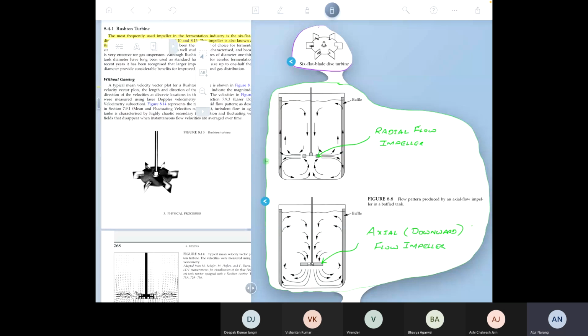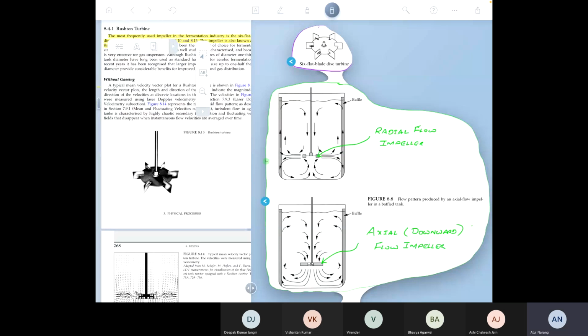Once this liquid hits the boundary of the reactor, part of it starts to move upward, goes all the way up, and then is recycled back to the impeller. And another part of the stream that hits the boundary of the reactor comes downward and then recycles back to the impeller. So every time, little packets of liquid come to the impeller where they receive a lot of momentum and then they are pushed and then they do this macro circulation pattern where they go round and round.